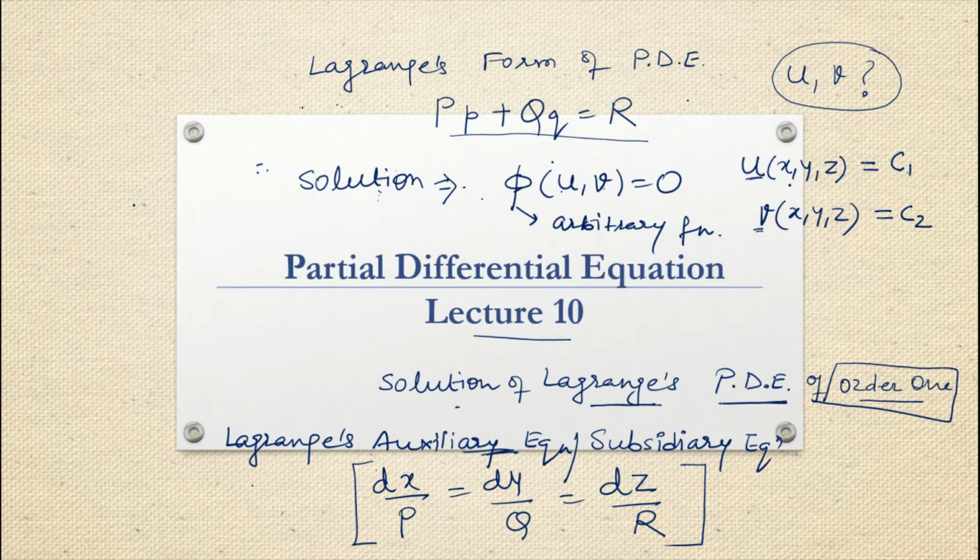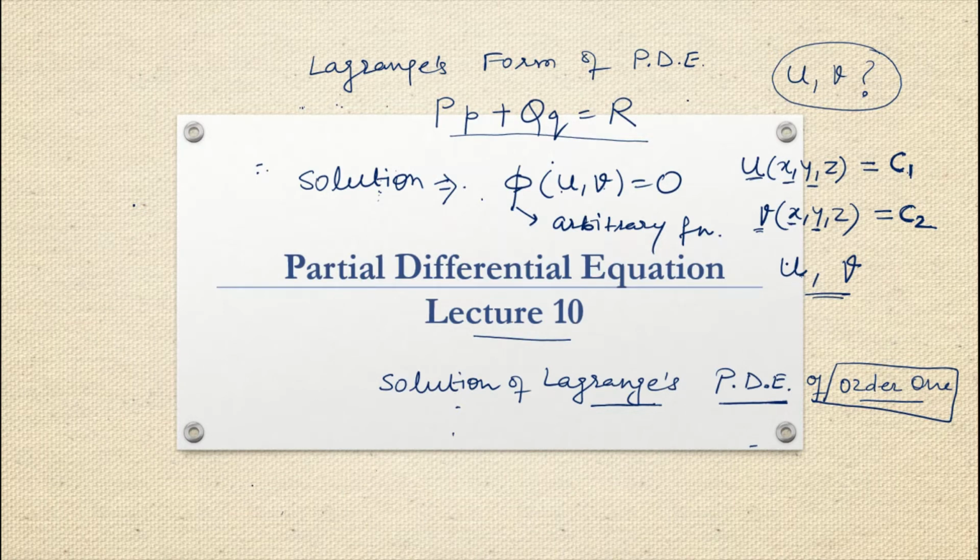The concept is x and y are two independent variables, and the solution of this Lagrange's auxiliary equation is an integral surface. Because of that only we have got some arbitrary constants also. So this integral surface gives us some idea that we have to perform some integration also in the method of solving this partial differential equation.